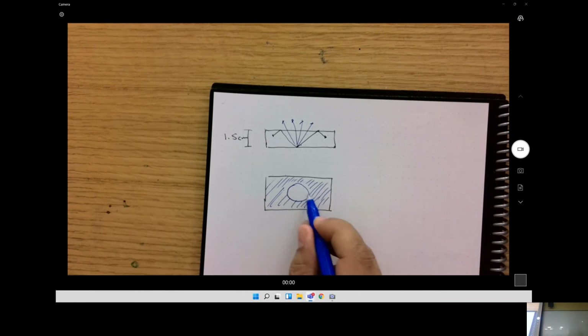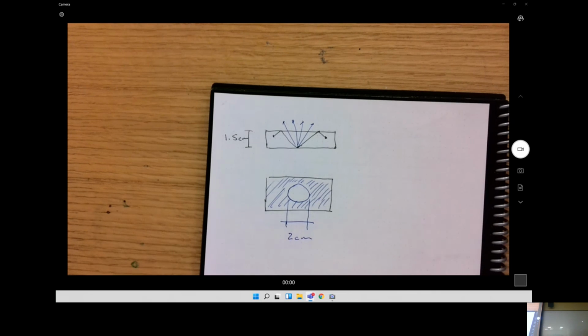Okay, now let's say the diameter of this circle is 2 centimeters.